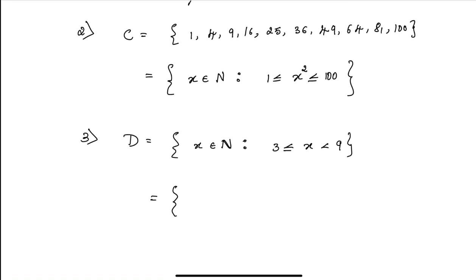Therefore, we will write 3, 4, 5, 6, 7, 8. 9 is not included. So this way you can convert set builder to roster or roster to set builder. Basically these will be used to represent a set. Whenever the set is given in set builder form, you should know exactly what elements that set contains. Okay, good.